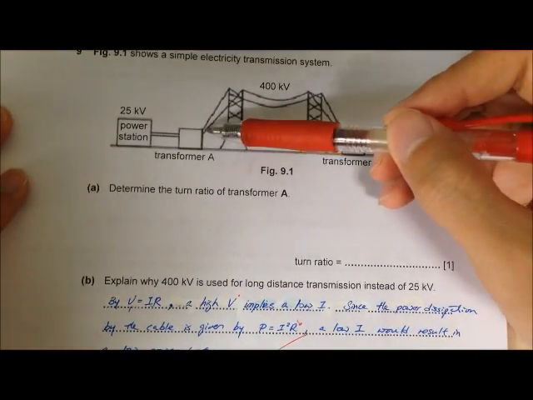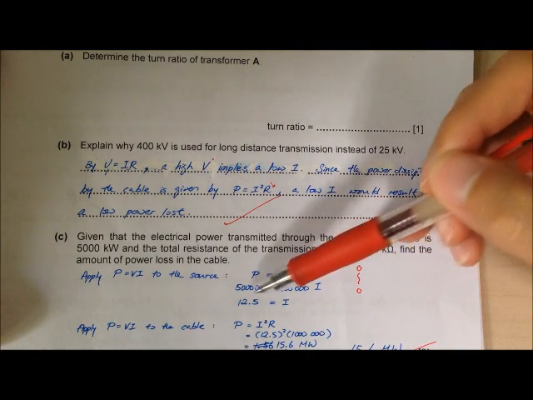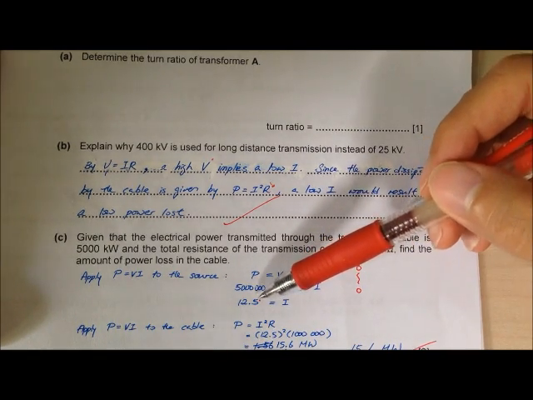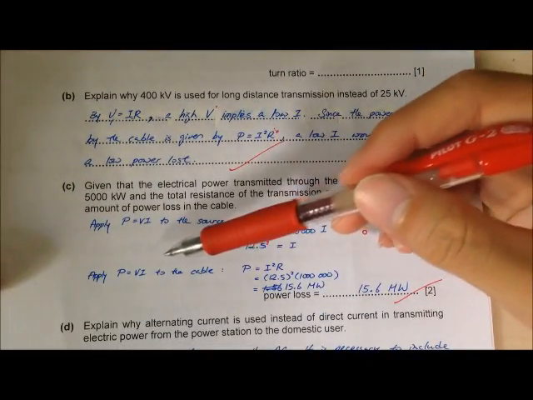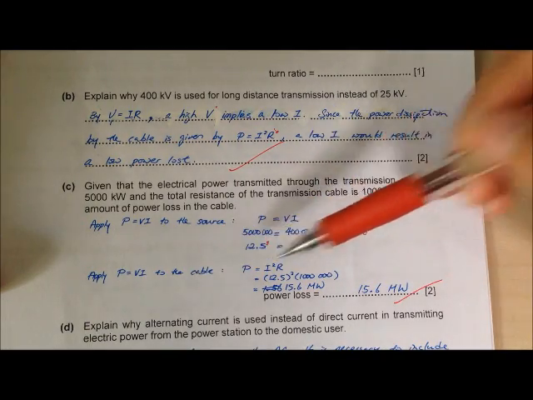When I say the source is here, this point, it is after the transformer. So with that, you can actually calculate what the current is here. So you already know this is my current at this point. Then after that, you can now use your current to find out the power dissipation.